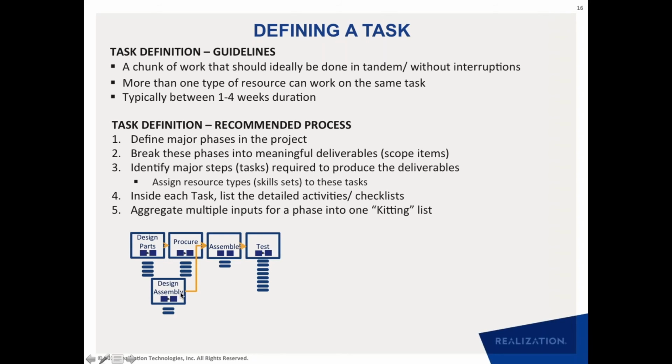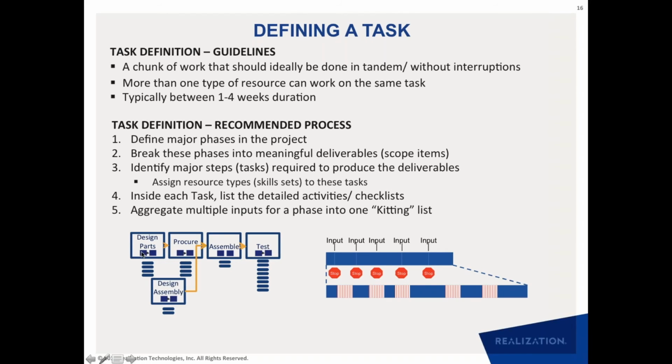Then we define what are the scope items that need to be done, what are the different modules that need to be designed, what are the different modules that need to be procured, what are the different sub-assemblies that need to be created, and what are the different tests that need to be performed. And we define what are the steps that each of these phases goes through.